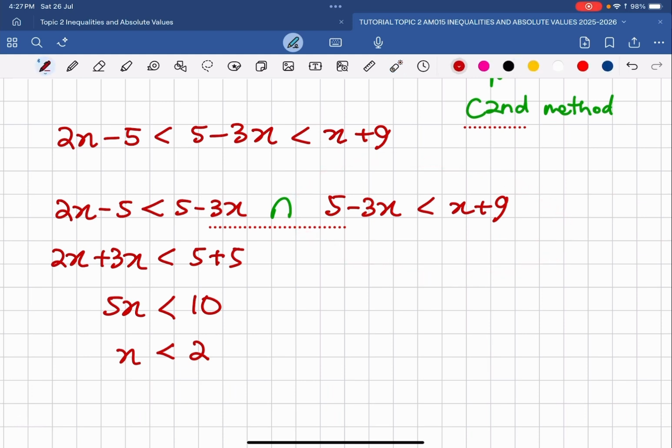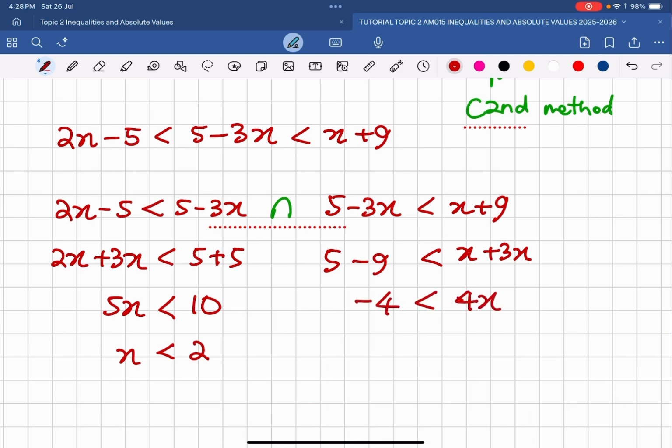Okay, so how about this one? We can bring this x to the left hand side, but what if we bring this negative 3x to the right hand side. So x plus 3x. 9, bring it to the left hand side. We're going to get 5 minus 9. 5 minus 9 is negative 4, and x plus 3x is 4x.